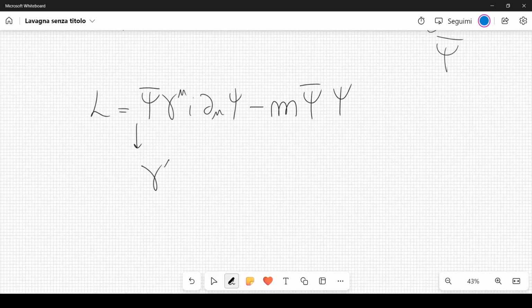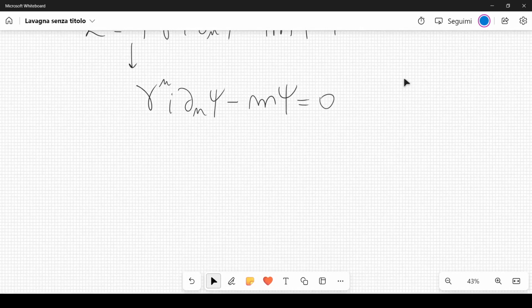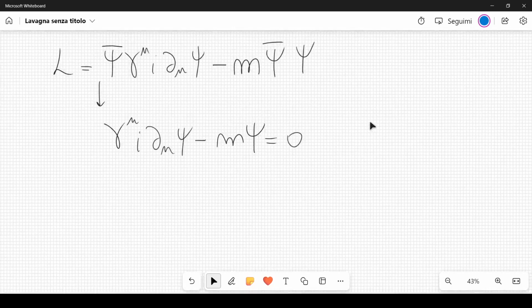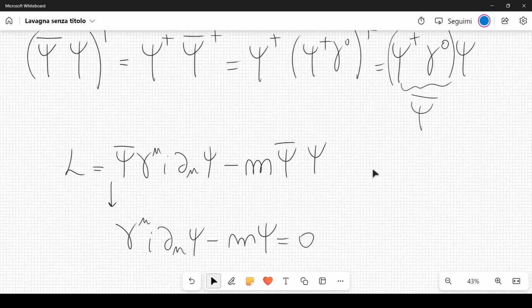So you get gamma mu i del mu psi minus m psi equal to 0. And now we want to impose other conditions. And these conditions will give us more information on these matrices gamma mu.